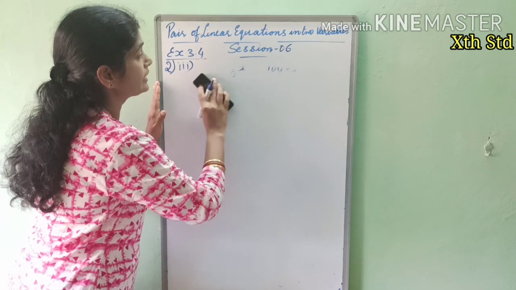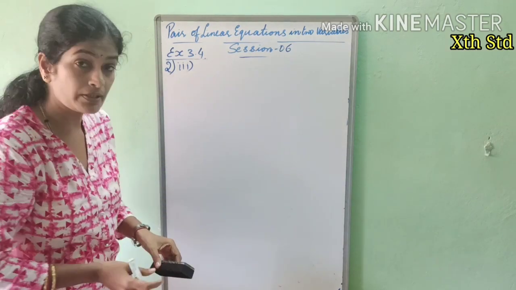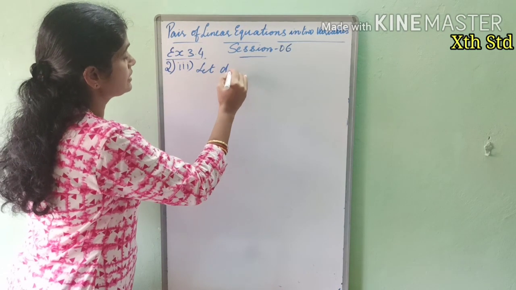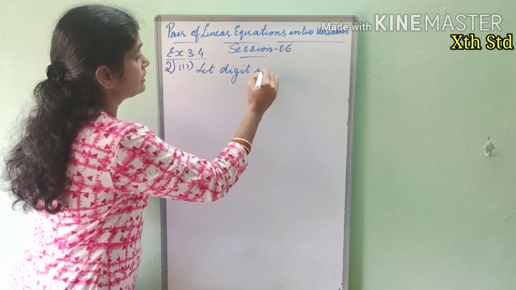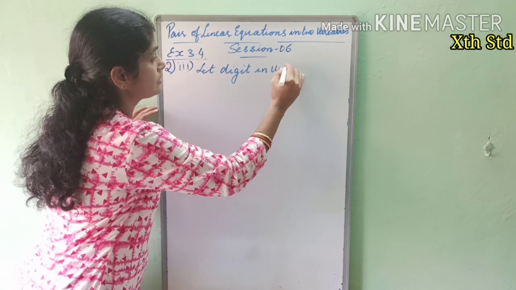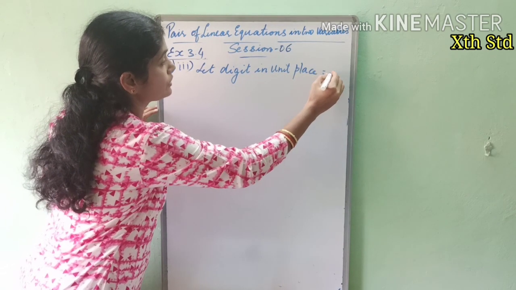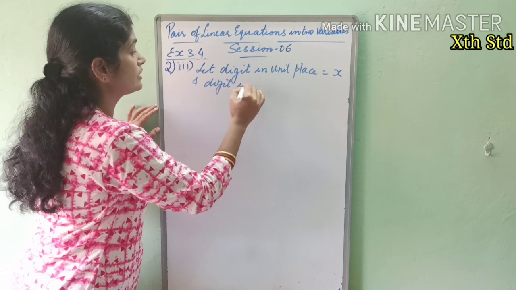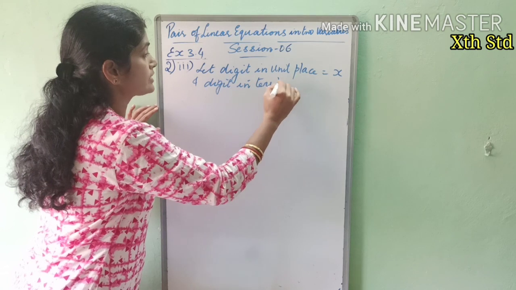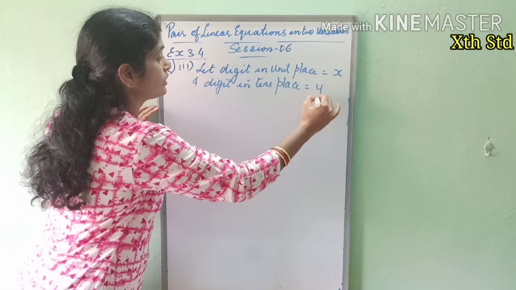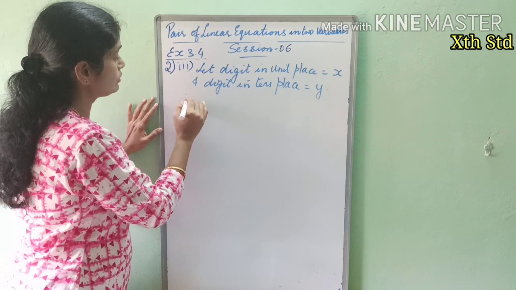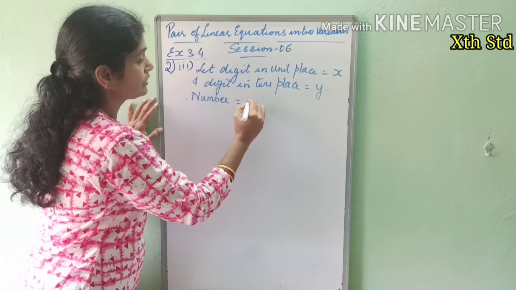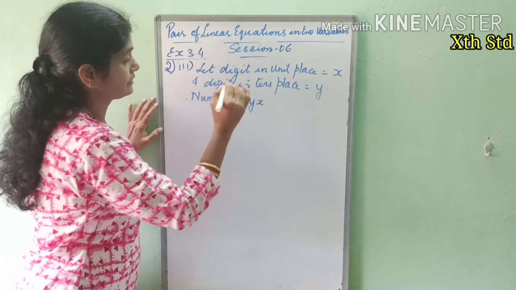So we will take, let the digit in unit place be equal to x and digit in tens place is equal to y, right? Therefore, the number is yx, right?